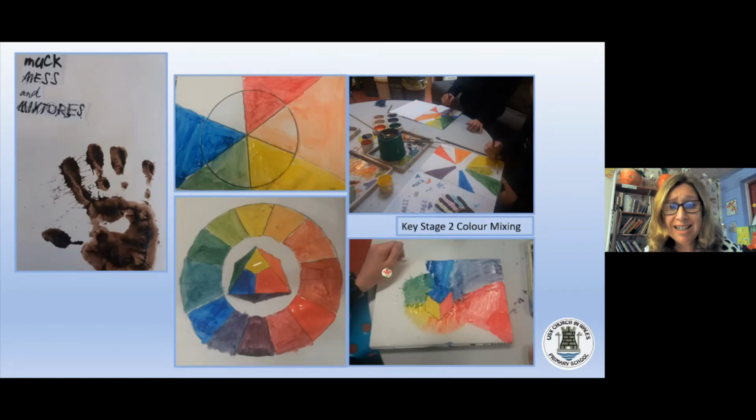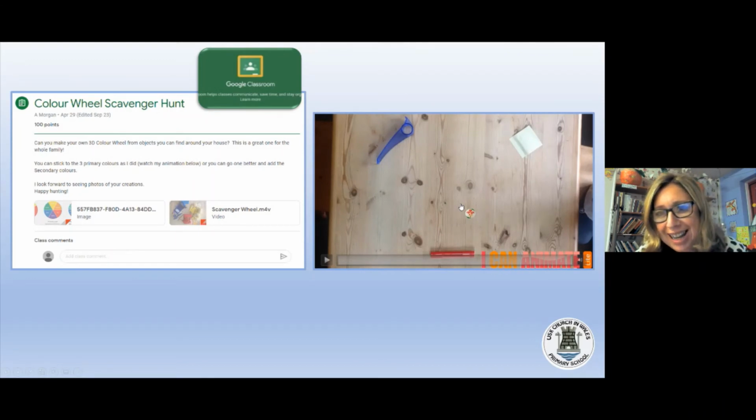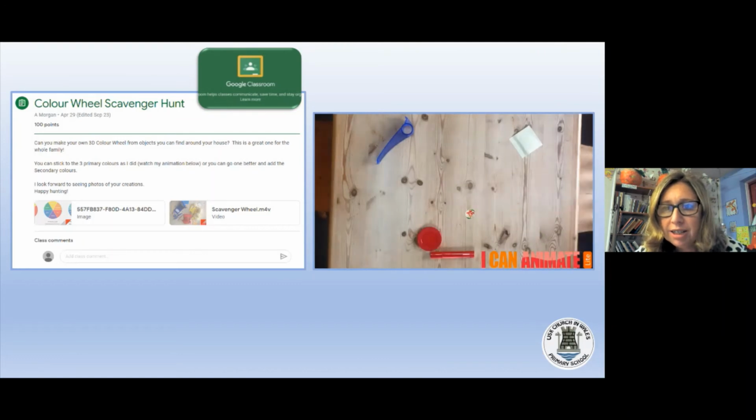To go alongside that, we've had a blended learning resource online where they can create a colour wheel at home. That activity is to go on a colour wheel scavenger hunt, and I made a little animation for them to watch. So they go around the house with their family, collecting all the items they can find and make a colour wheel. Let's hope it runs.